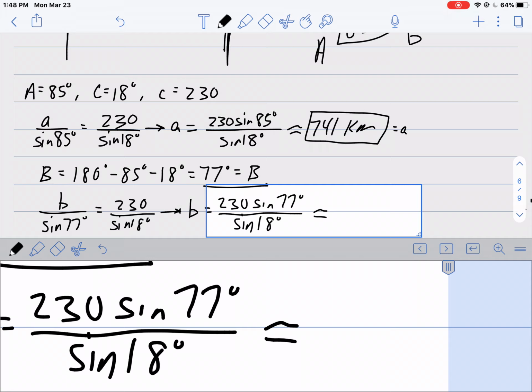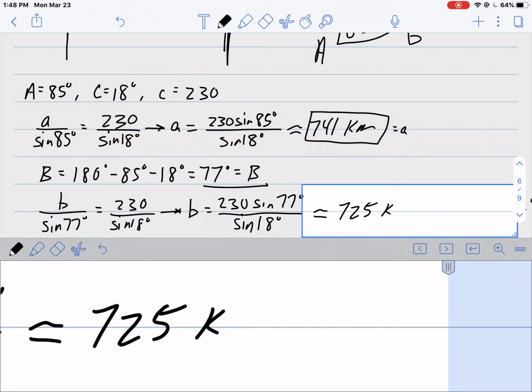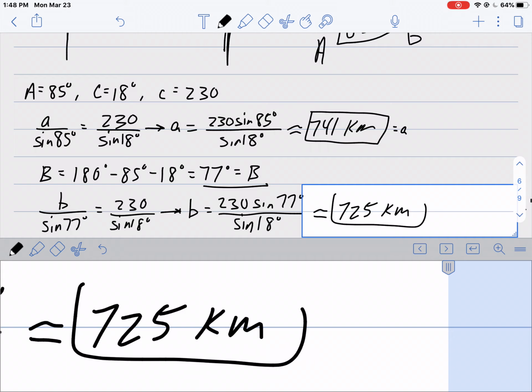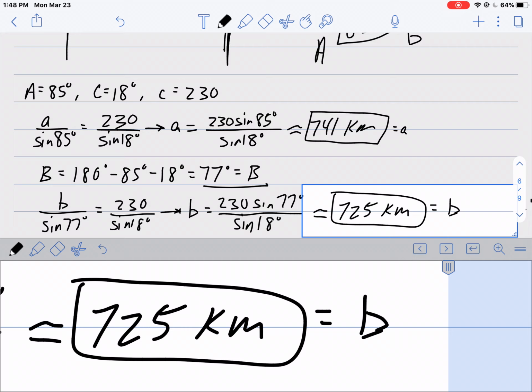And that'll give us approximately 725 kilometers. And that's side B. All right, and our question was, what was the total distance that the plane flew?